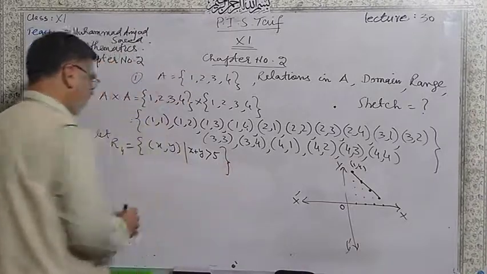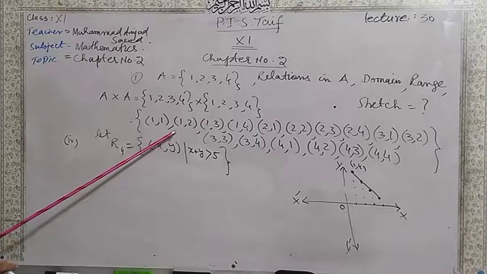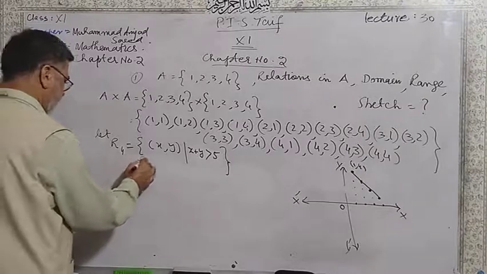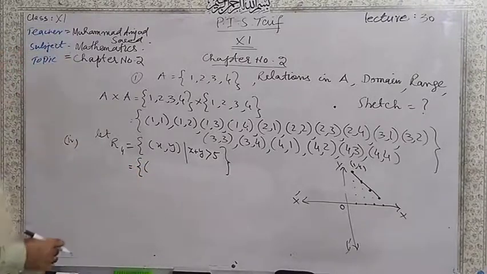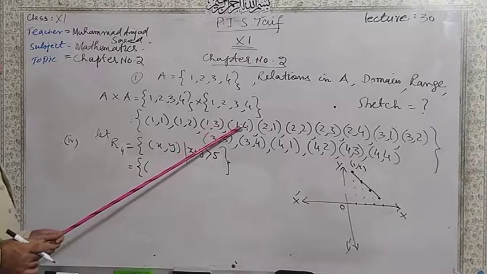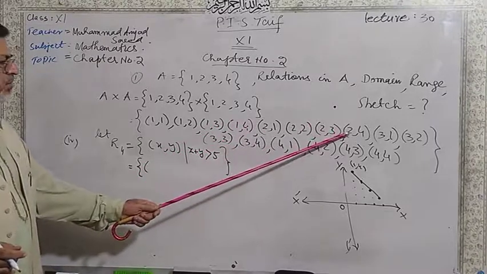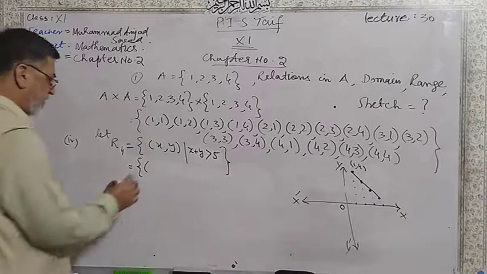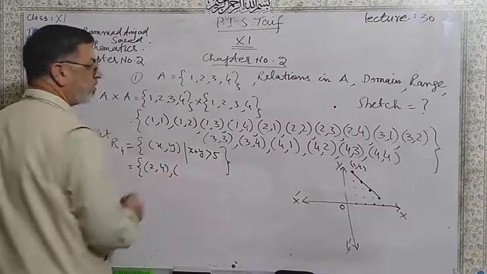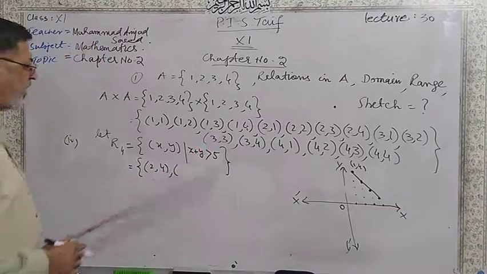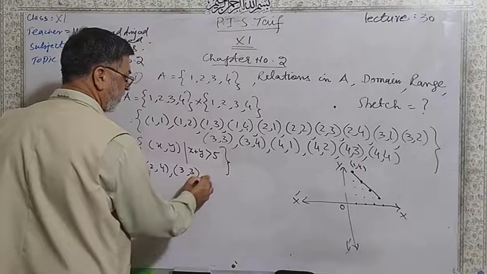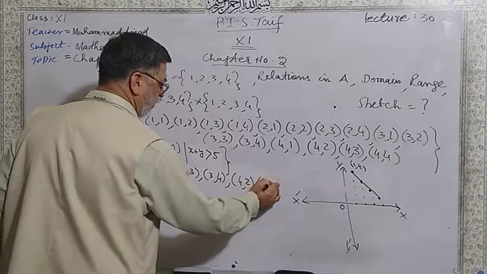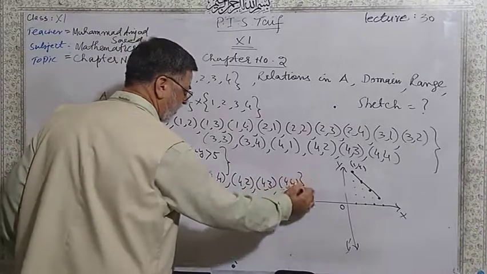Here we will choose such xy which add to get greater than 5. This is 2, 4; 2 plus 4 is 6, which is greater than 5. Then 3, 3. Then 3, 4. Then 4, 2; 4, 3; 4, 4.